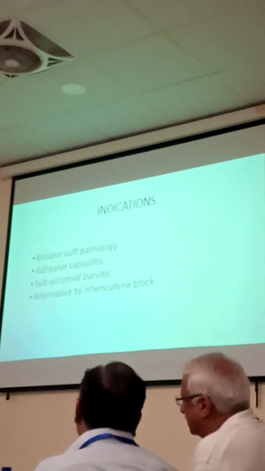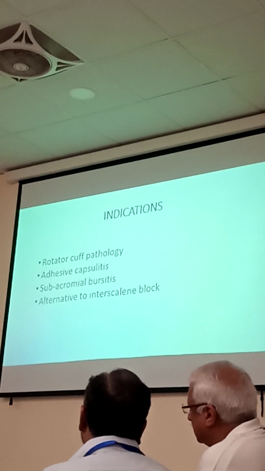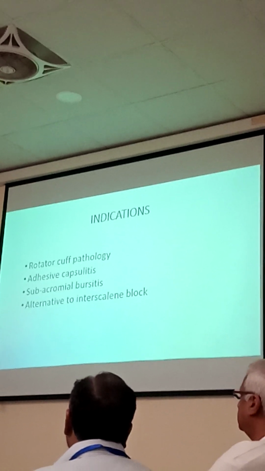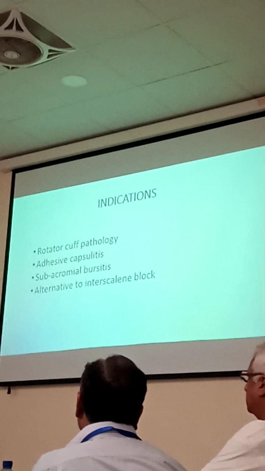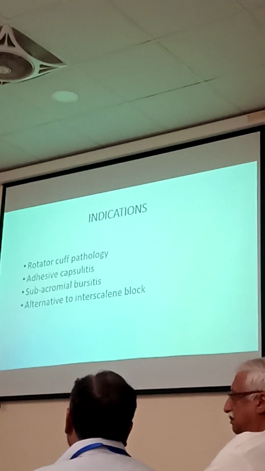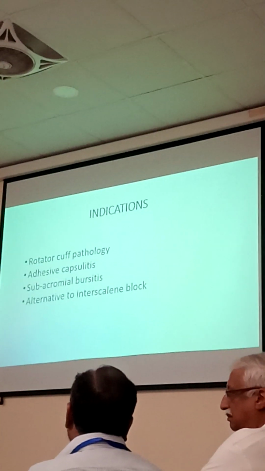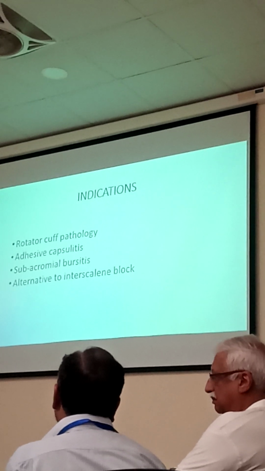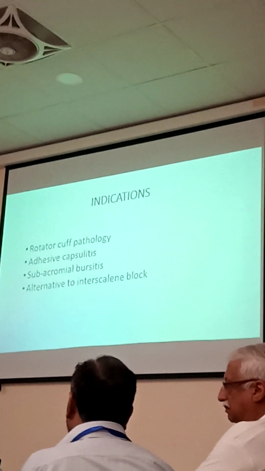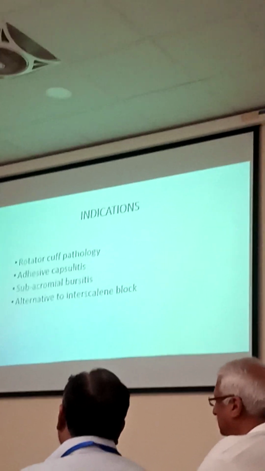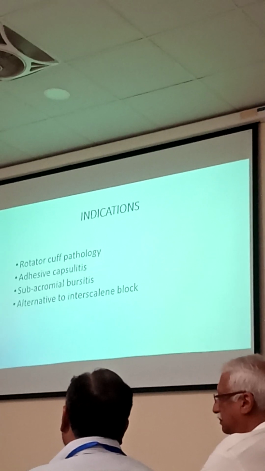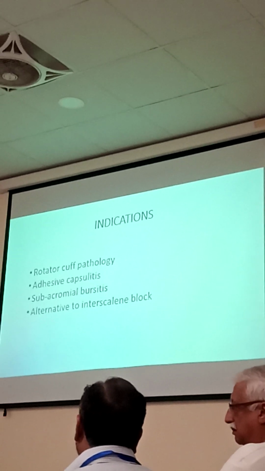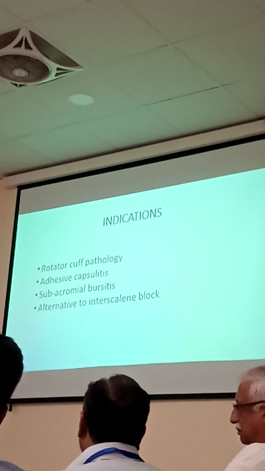As you all know, the interscalene block is the gold standard for shoulder anesthesia, but in certain circumstances, when the interscalene block is contraindicated, in patients with severe COPD or severe lung pathologies, when we do not want to block the phrenic nerve and compromise the diaphragmatic movement even by 20 to 25%, then you can use these blocks that can produce not the same but a similar block, and you can always use adjunctive or supplemental methods to control the residual pain.